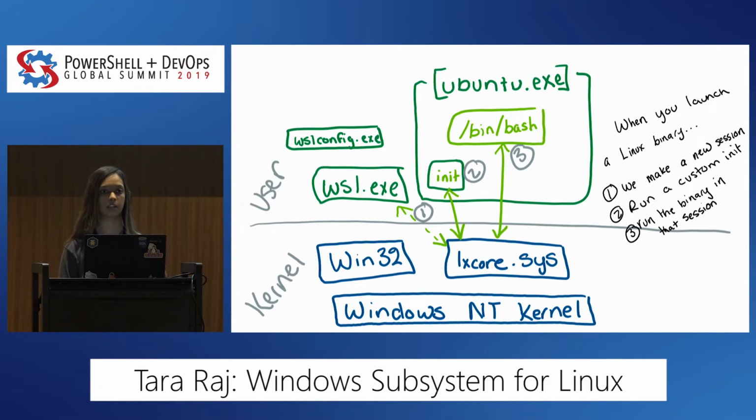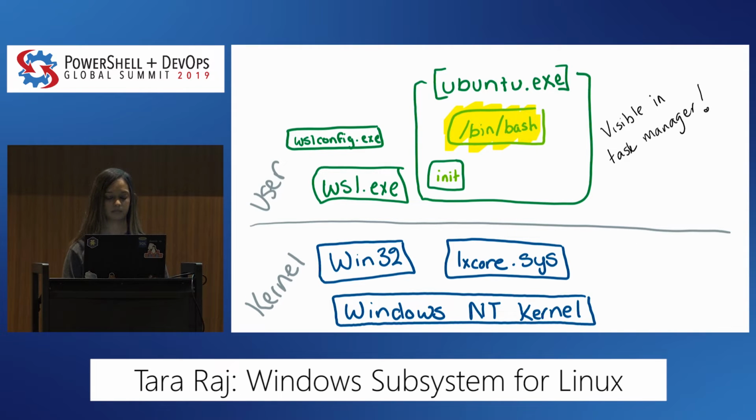So Kali Linux, for example, comes with a bunch of pen testing tools already in it, and so they've added that to the initialization file. You'll have bin bash, which then runs that binary in the session itself. And all of this communicates with LXCore. And if you want to see bin bash running, it's actually available and visible in the task manager.